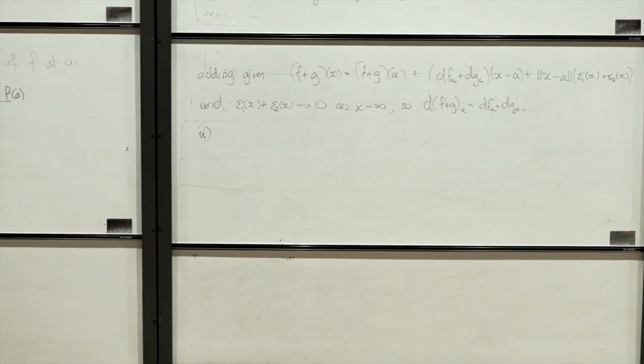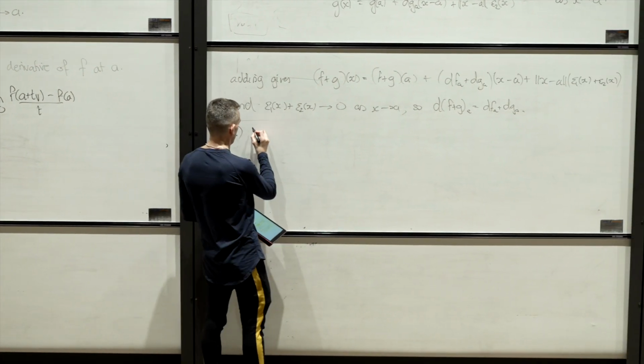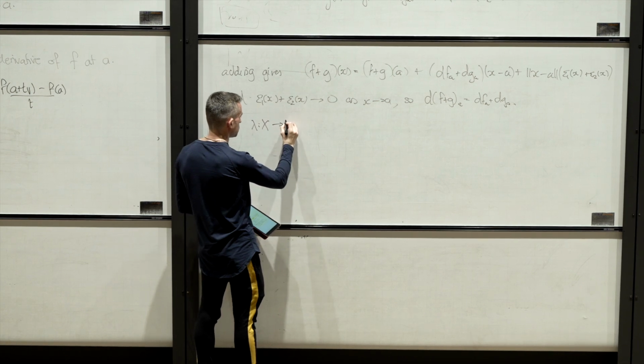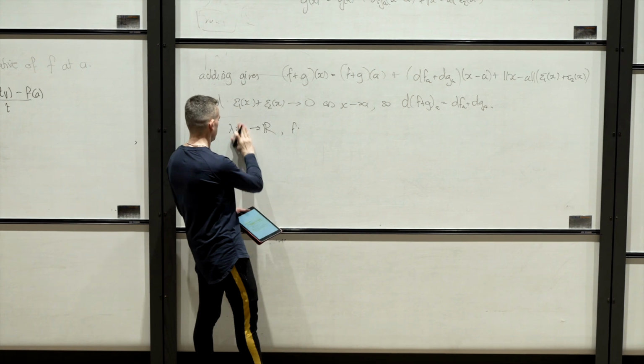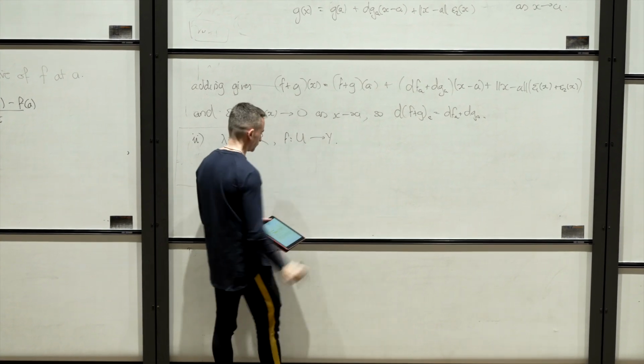So thinking about that for the second part, what happens if we take lambda, a scalar valued function, not on all of X necessarily, and f, a vector valued function?